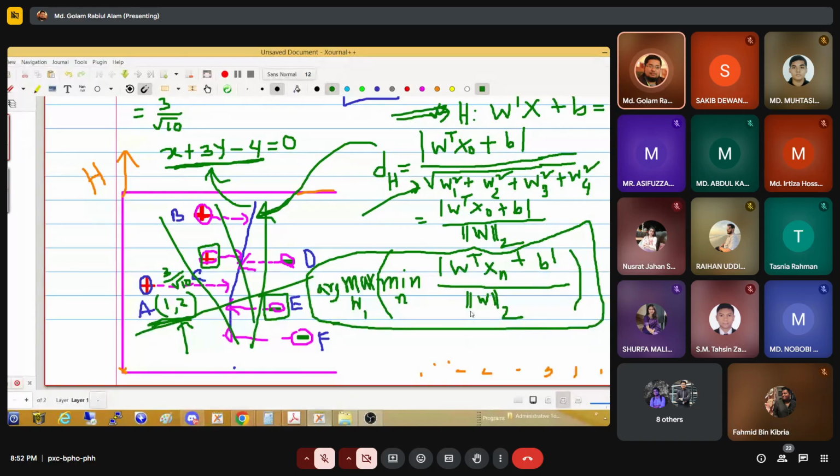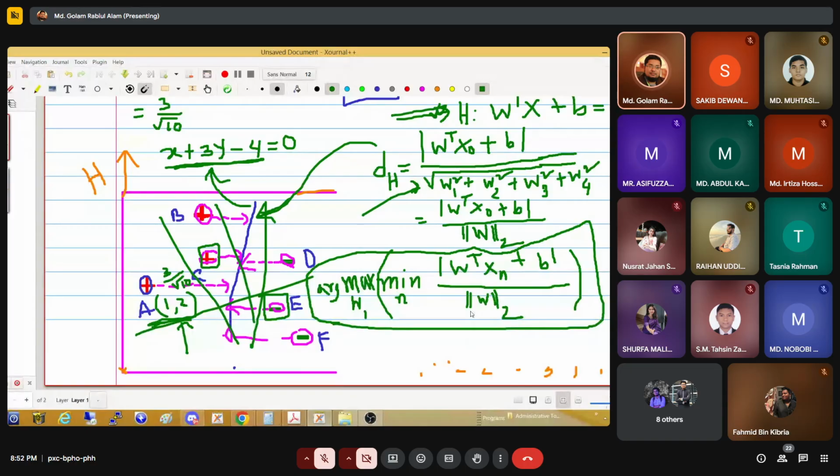But one thing we still didn't consider, that is how to draw our hyperplane. We need to consider that on one side the positive data points will be placed, and on the other side the negative data points will be placed. Why? For the accuracy.